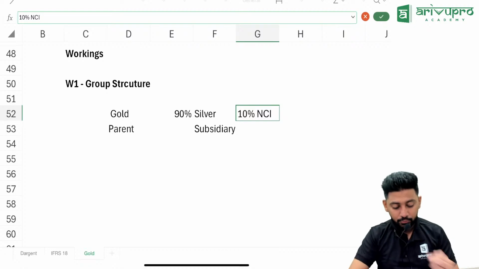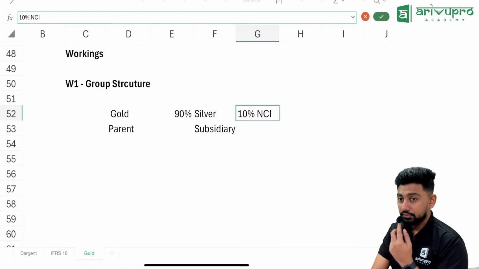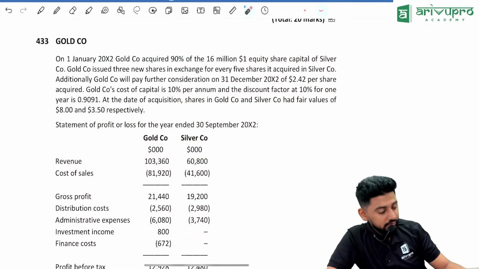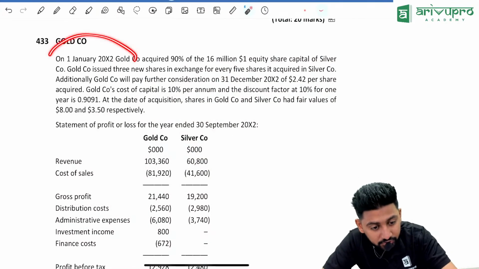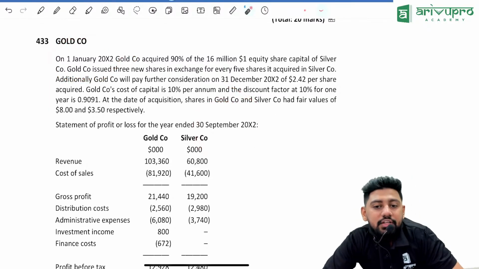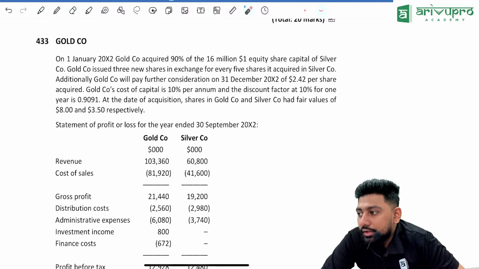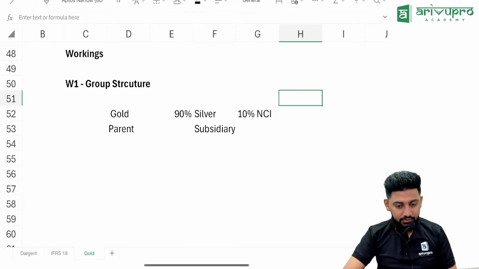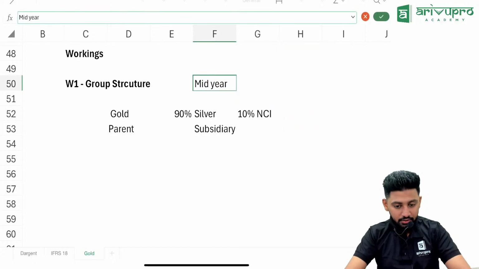Are we clear? Done and dusted. My year end is 30th September 2012, so therefore it is going to be a mid-year acquisition. So I have identified it.